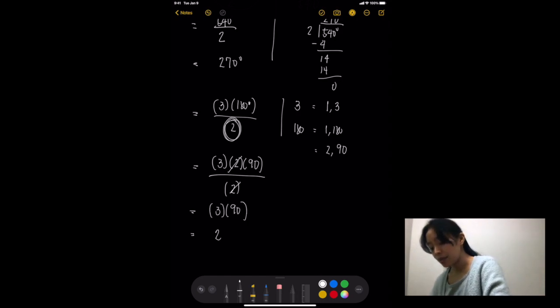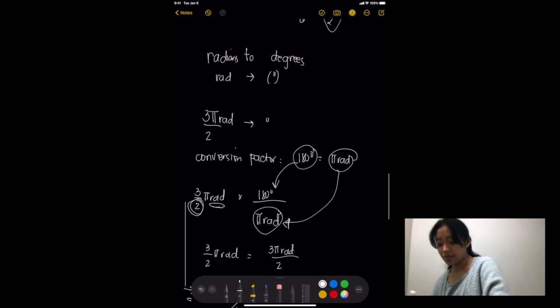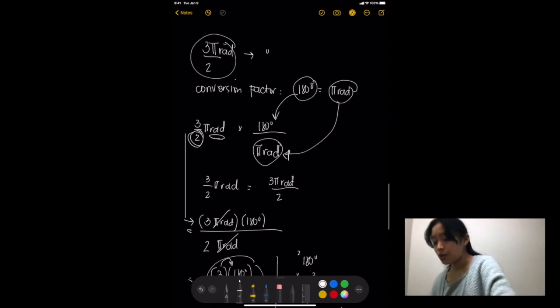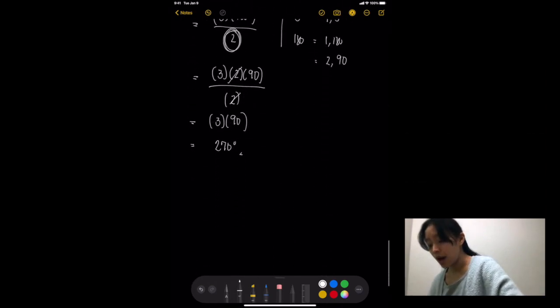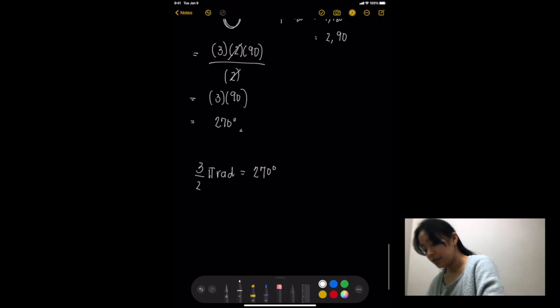So I'm left with 3 times 90, which is just 270 degrees. Okay, so going back to the problem, I can write that 3/2 pi radian is equal to 270 degrees.